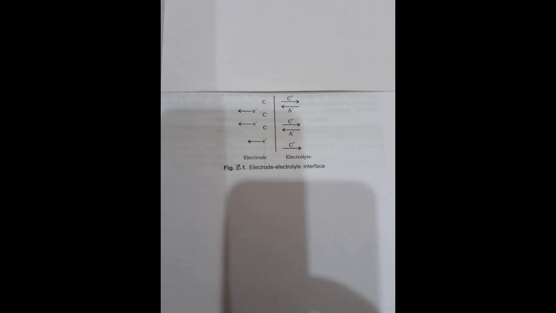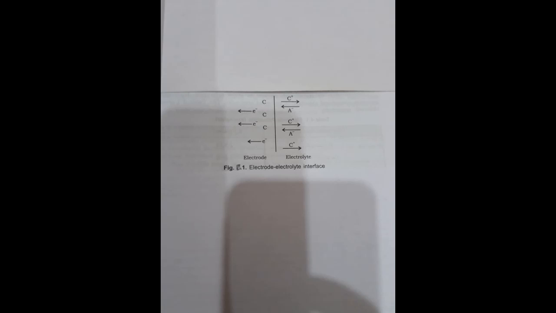However, the net transfer of charge across the interface is zero, as the rate of oxidation reactions equals the rate of reduction reactions when no current is crossing the interface.